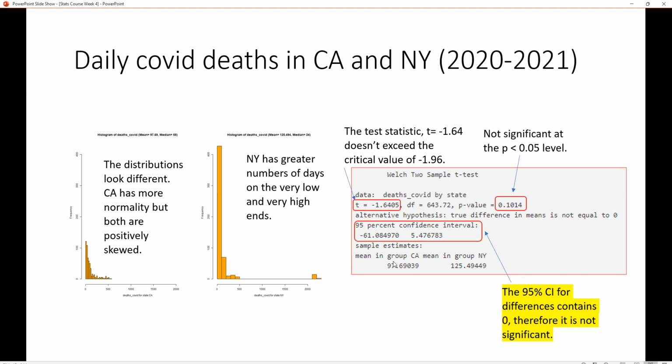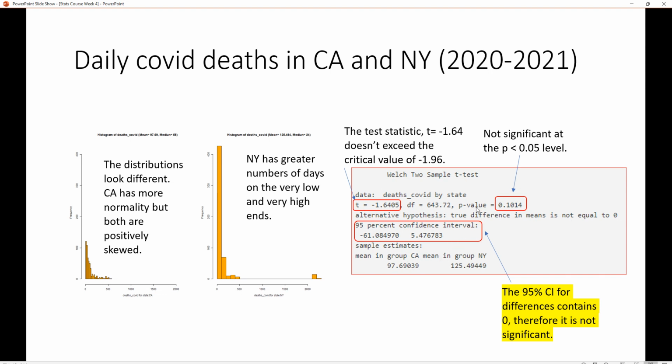For California, the mean was about 98 deaths per day, while in New York, over about that 2-year period, it's 125 deaths per day. So they sound different. That's close to 30 deaths per day for that difference, but there's probably some variation there.